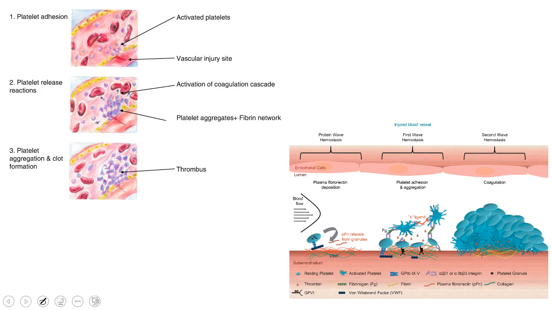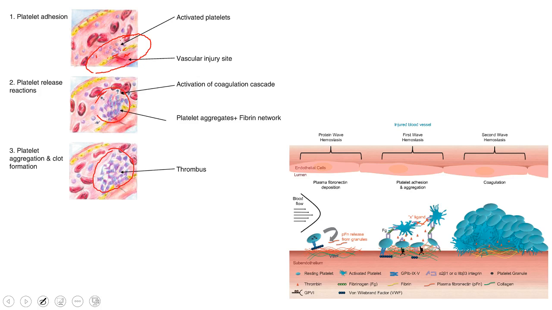Whenever there is damage to the blood vessel, when there is a discontinuity of the endothelium, the circulating platelets will be exposed to the subendothelial collagen tissue, and the platelets will be activated and they aggregate.